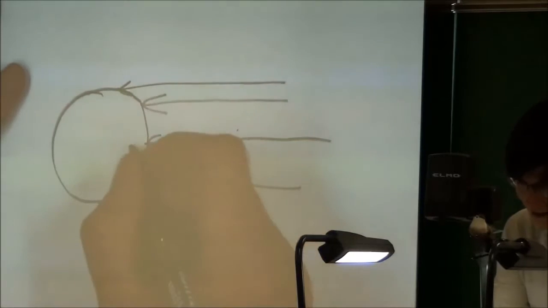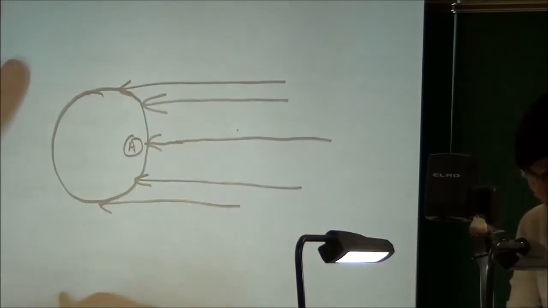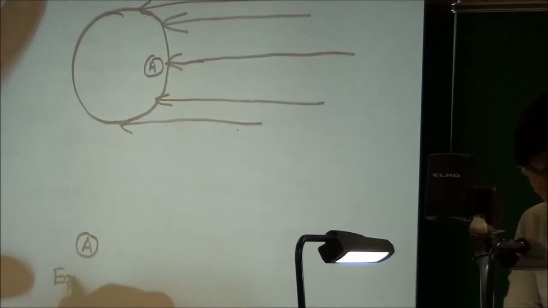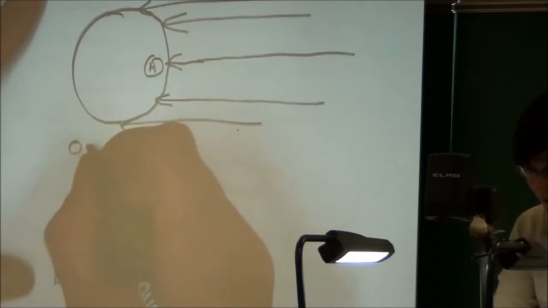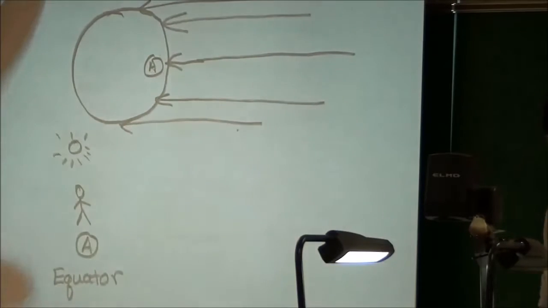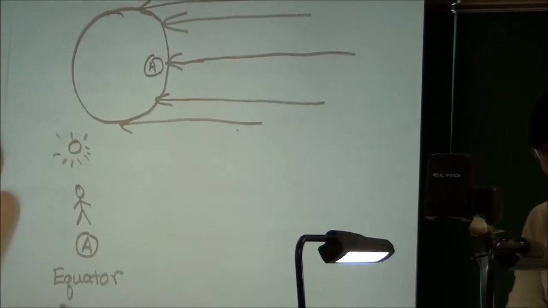Now, if you're standing here at A, at the equator, and you're a person, at noon, the sun will be directly overhead. So the equator is hot because the sun is high in the sky and the rays are more direct.